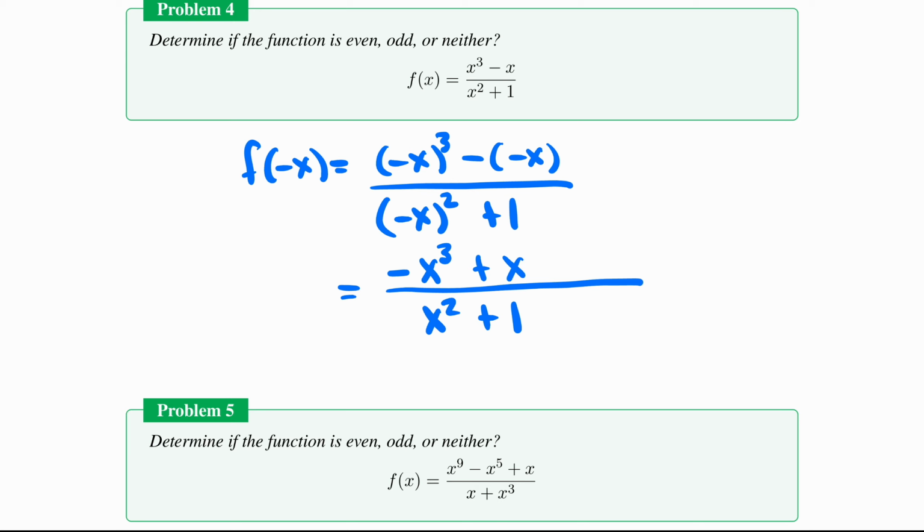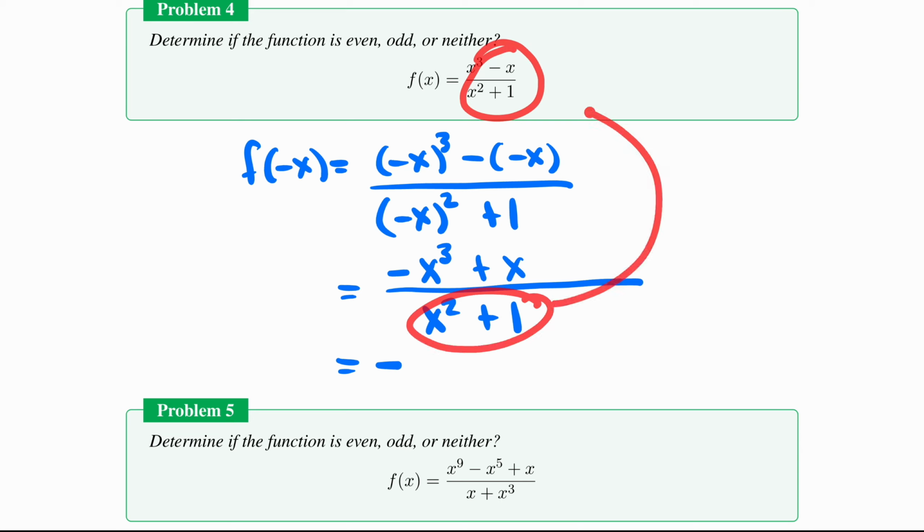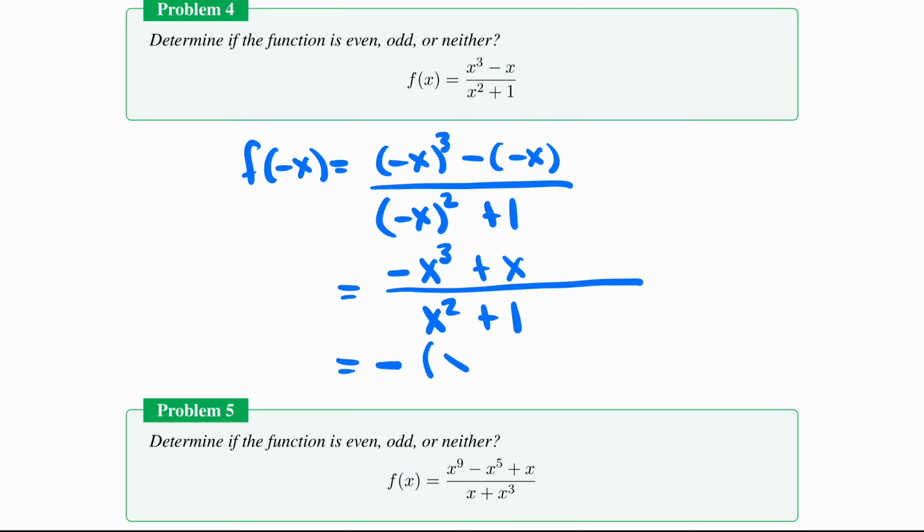So it's not even. Now I'm going to try to factor out a negative from the entire thing. Now, where am I going to factor out the negative? From the top or the bottom? Well, take a look at the original one. This is almost this. The bottom is exactly the same. So I'm going to factor out the negative from the top to get x to the 3 minus x.